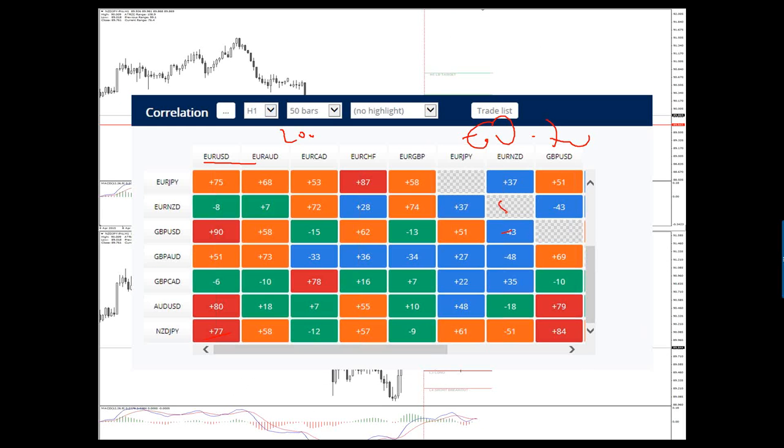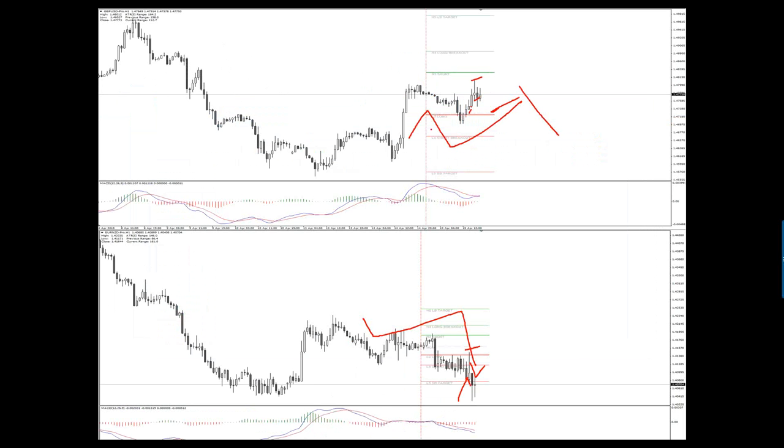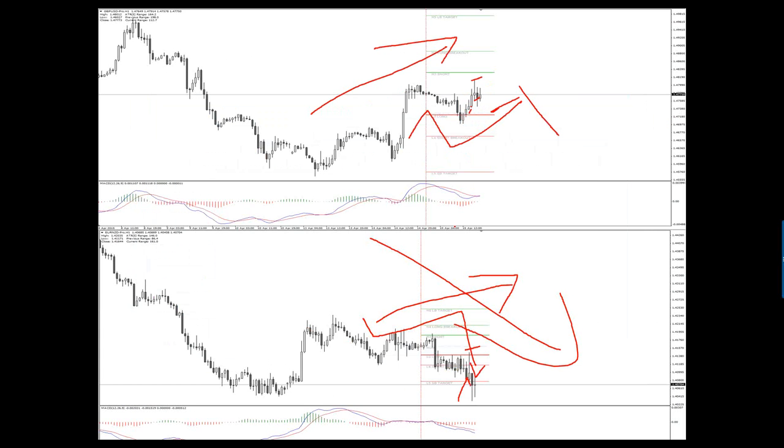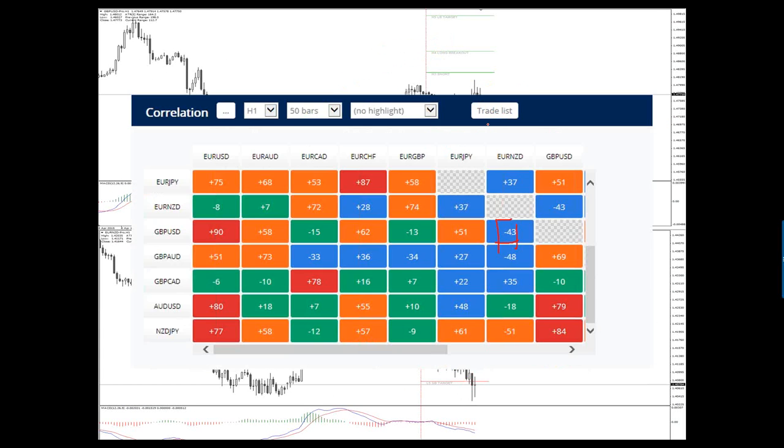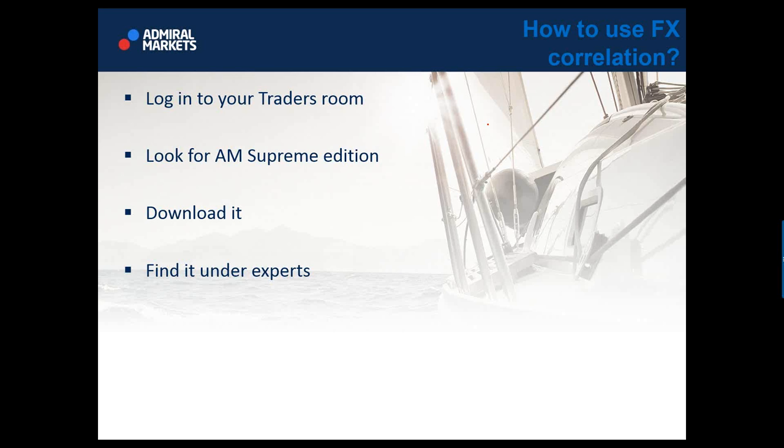And if the correlation goes to minus 50, they will start to move oppositely. If it goes above minus 70, then usually price action would be mirrored. It would go completely in the opposite direction at minus 70. It's called mirroring of price action.